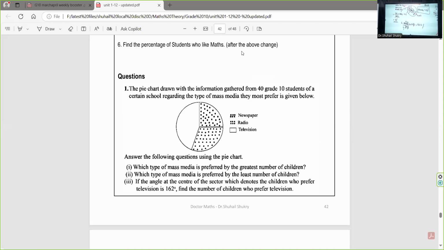You have to tell me what is the golden box in this? Okay. Tell me the golden box.